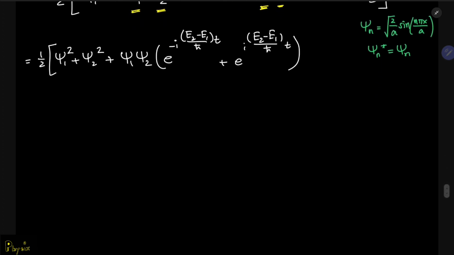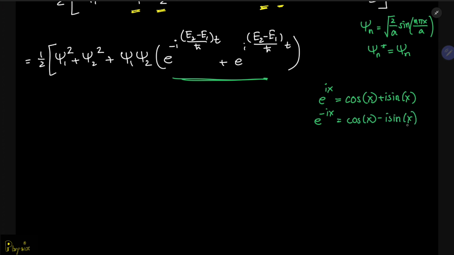All right. Now recall this has a form of the Euler formula, which basically says that e^(ix) is cosine of x plus i sine of x, and e^(-ix) is cosine x minus i sine x. So by doing algebra, you'll be able to find out that e^(ix) plus e^(-ix) is 2 cosine of x.